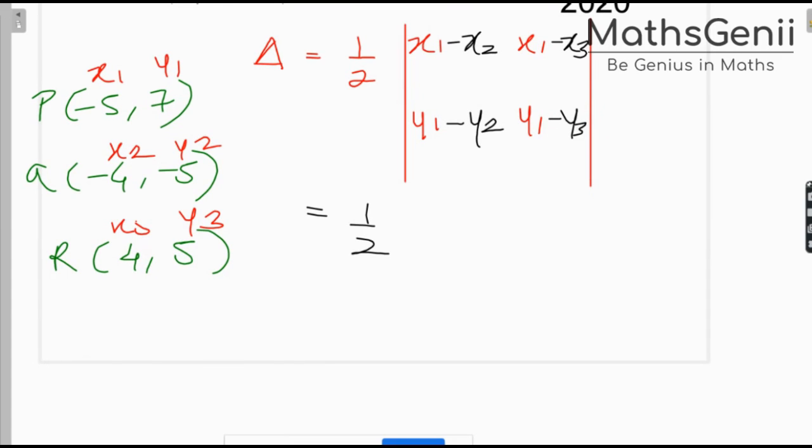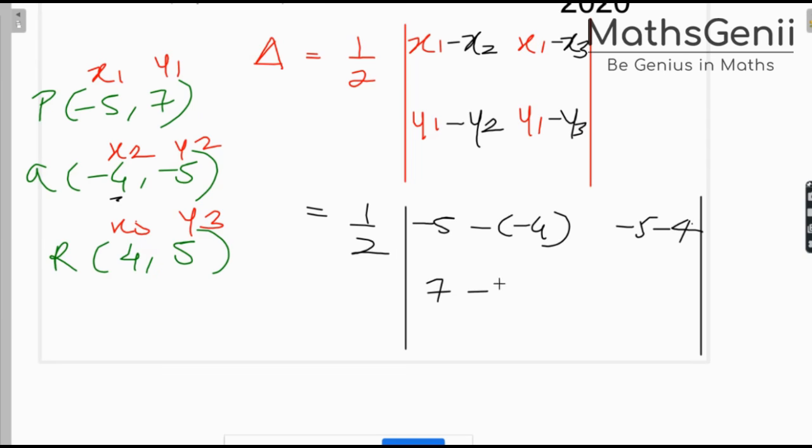Half into mod of, I'm just going to substitute the values. What is your x1? x1 is minus 5, minus, what is your x2? x2 is minus 4. Then again x1, I'm just substituting according to the formula. Am I doing something new?